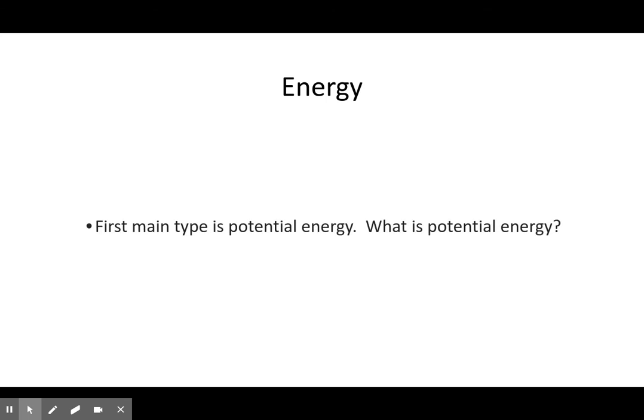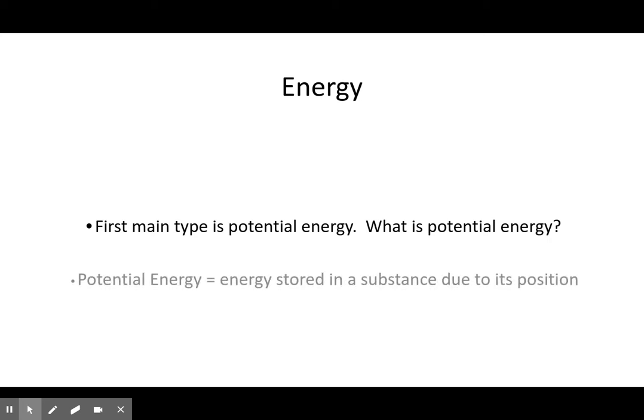All right. The first main type of energy is potential energy. And if you look at your definitions sheet right now, potential energy is the energy stored in a substance due to its position.